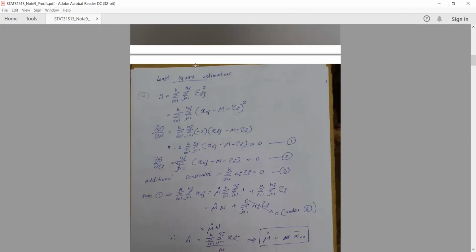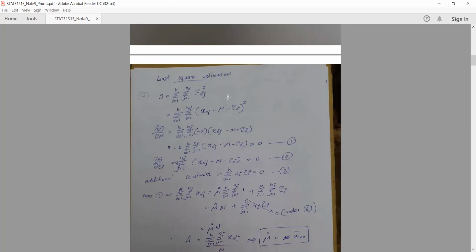If you take the error term as epsilon ij, under each treatment we have ni observations, where j goes from 1 to ni, and we have k treatments, so i goes from 1 to k. Now we have to take the squared value of this error.